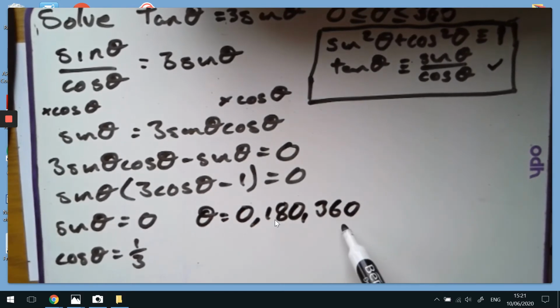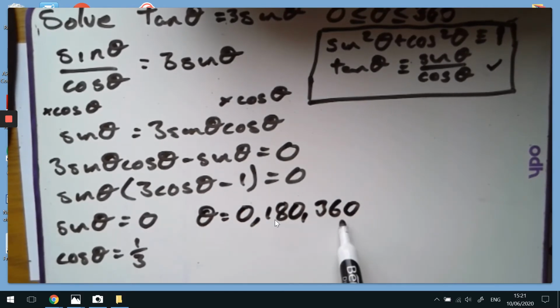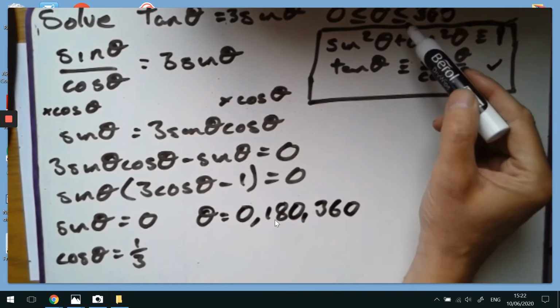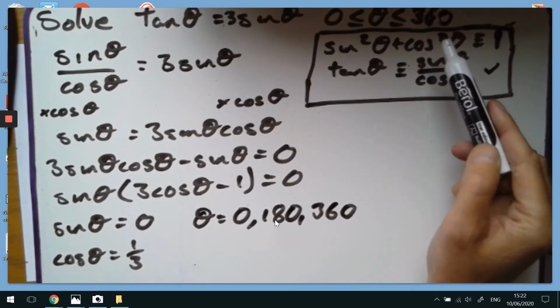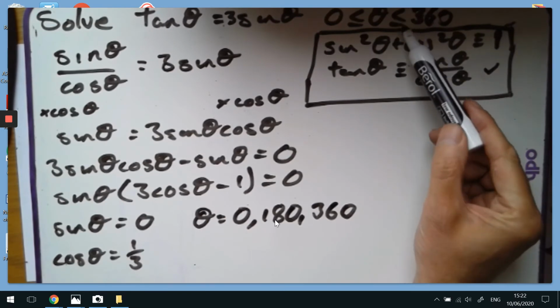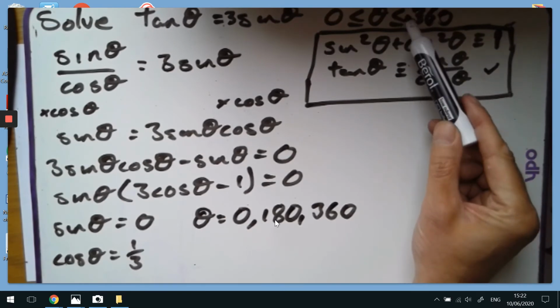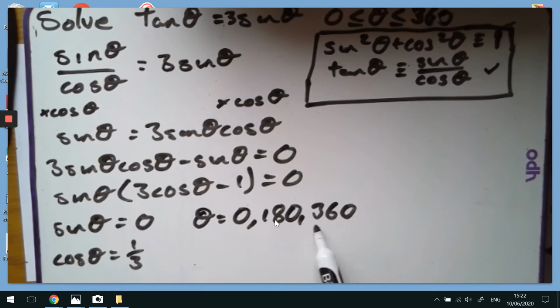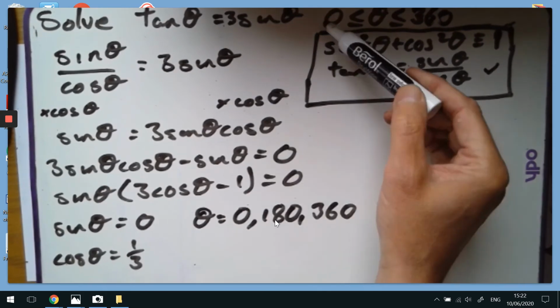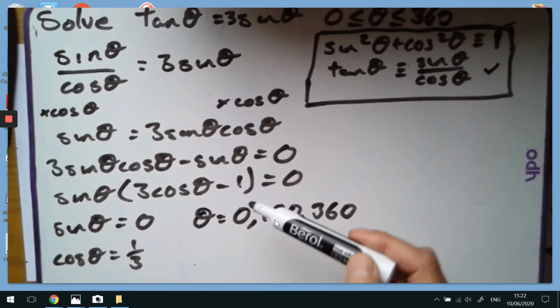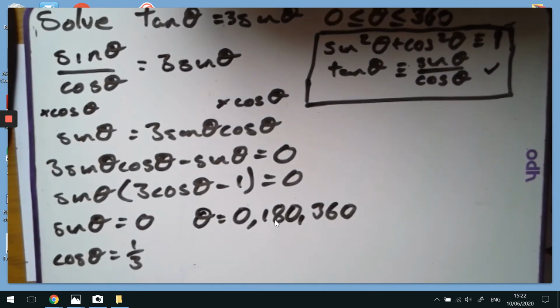Be really, really careful when you're doing that sort of thing to double check what the range says, because if that range had said less than, rather than less than or equal to, then that would not have been included. And the same with that 0 there, because it's a less than or equal to, we include that 0. So just be careful with that, because that does go wrong.